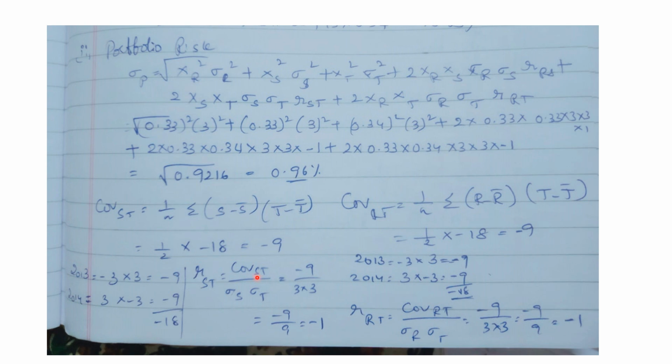After doing these calculations only, you can substitute those values here: the correlation coefficient of R and S, then of S and T, and of R and T stocks. Based on these values, if you substitute them, then you are going to get the portfolio risk.